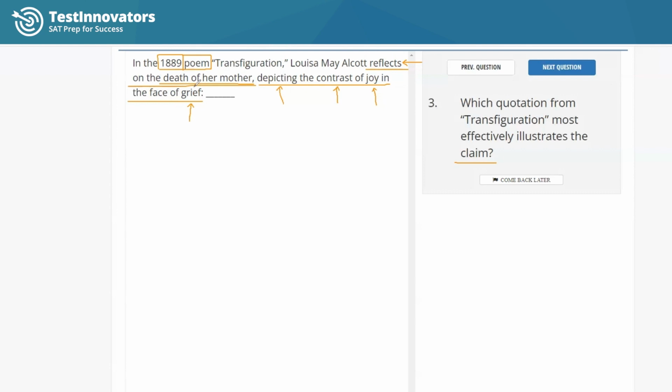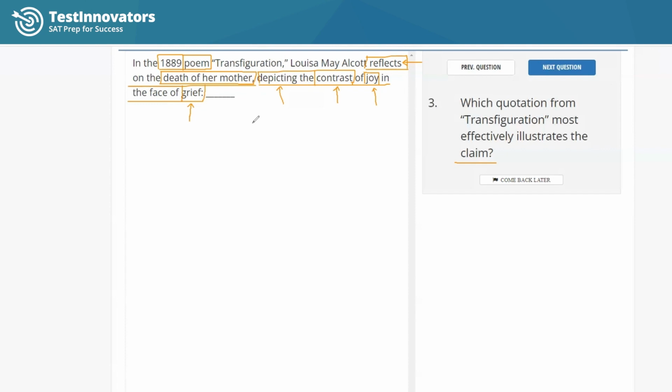So the correct answer choice is going to have elements of all of this. We're going to see evidence of reflection or thought. We're going to see evidence of her mother's passing. And we're also going to see the contrast or difference between joy, happiness, and grief, sadness.